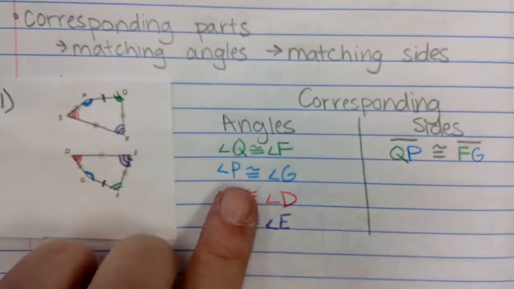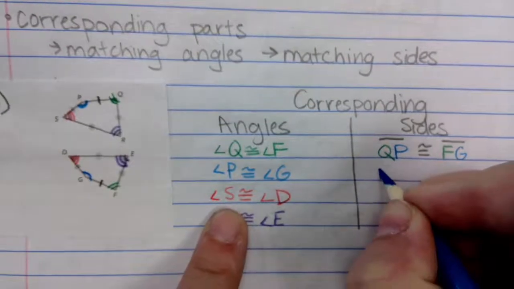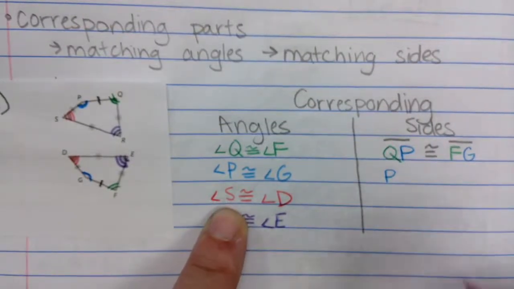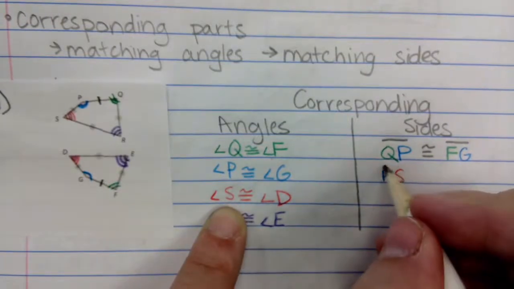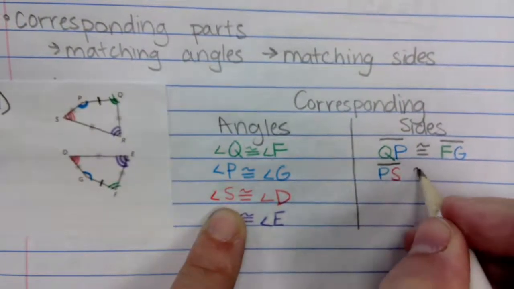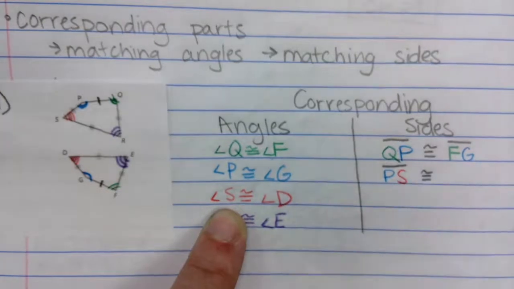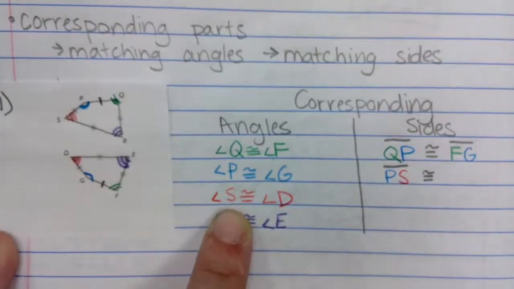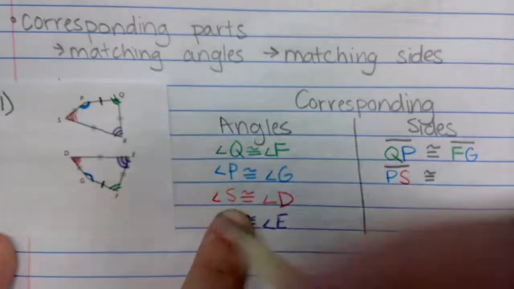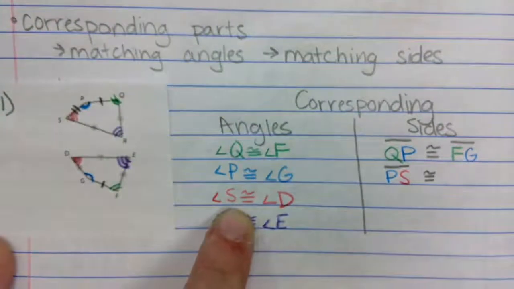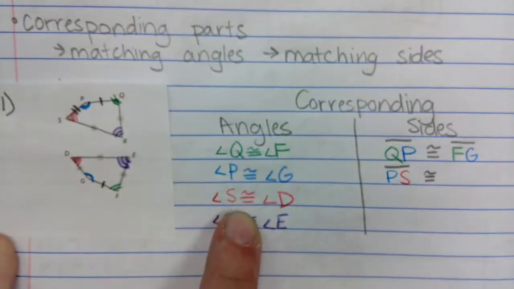Okay, what about PS? How many tick marks does PS have? I think 2. If you need to make them a little bit better, 2. So what matches PS?